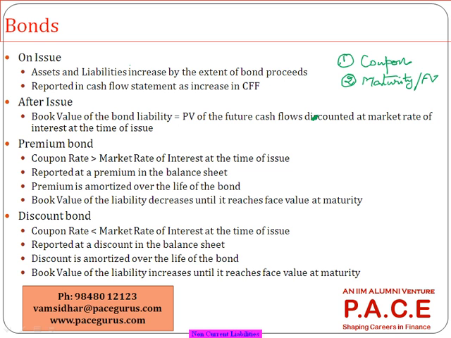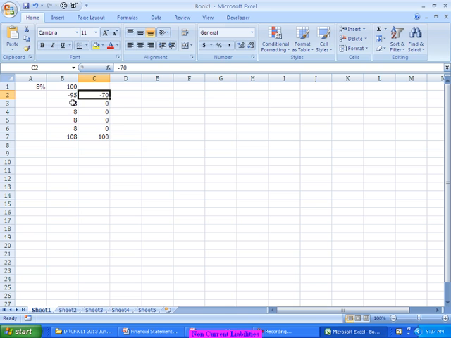Now, what we want to see is, over the next 5 years, what are the various representations that come up? So, okay, at any point in time, if I want to find out what should be the balance sheet value of the bond.